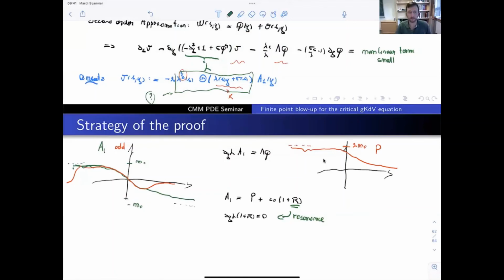Exactly. Yeah. And it is not important the fact that on both sides it is just L infinity. You can cut off at both sides without problem. So you're right.